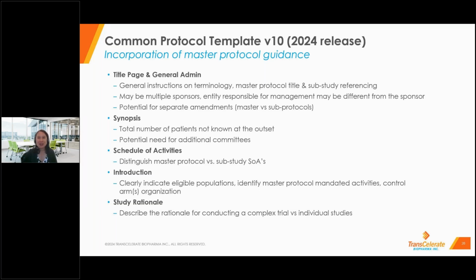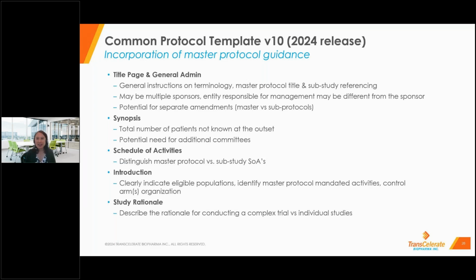There is also new information about how to present the overview description of the disease, population, and treatment in the introduction section, and a little bit of guidance about how to describe the rationale.